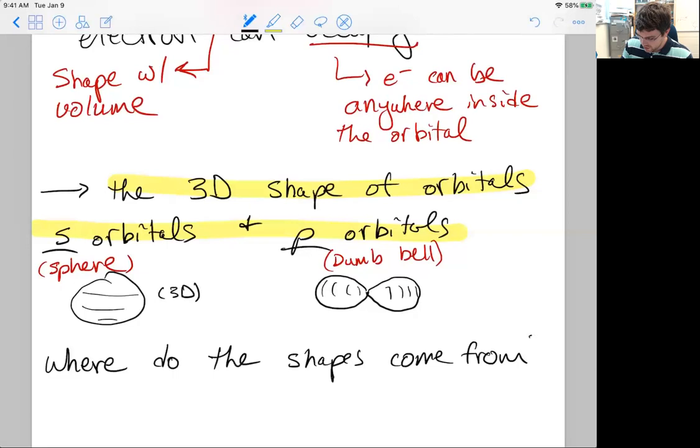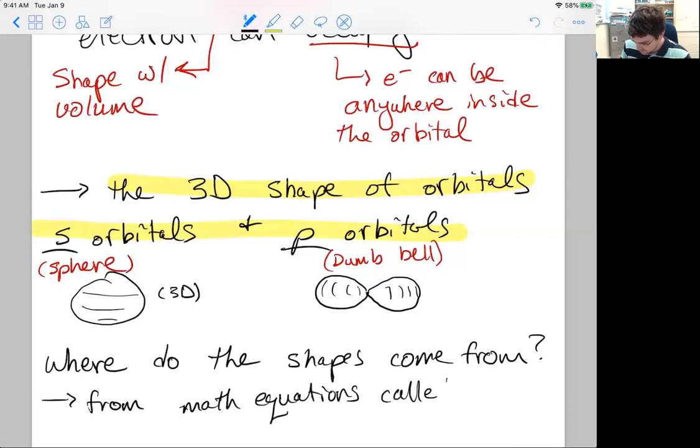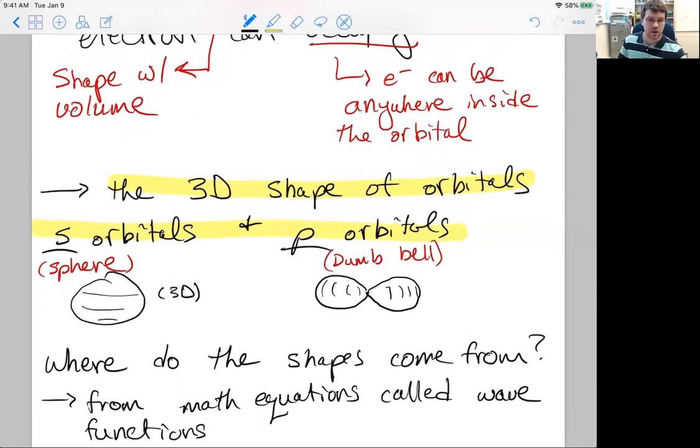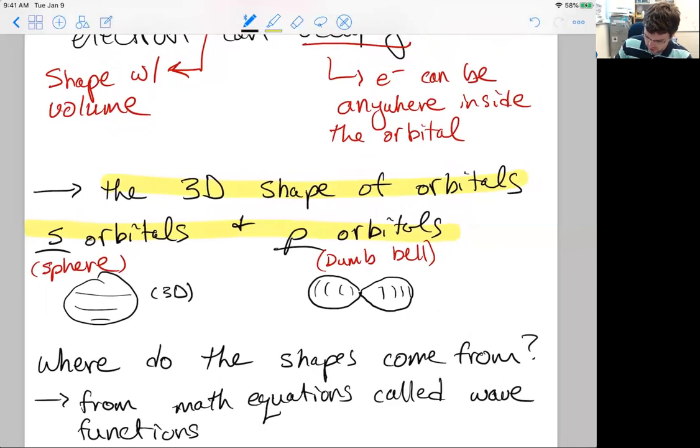And the answer is mathematical equations called wave functions.